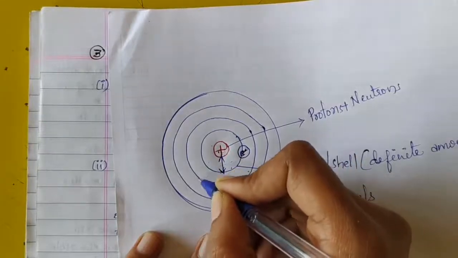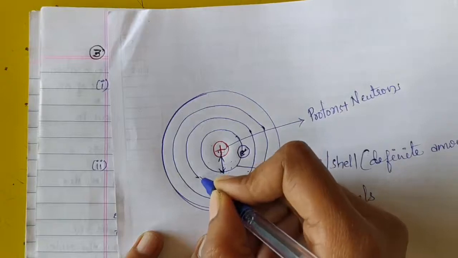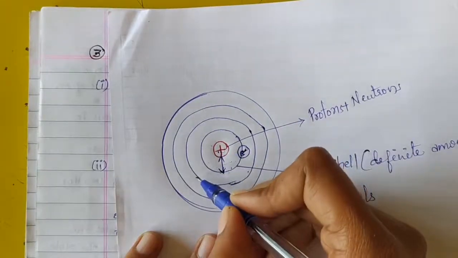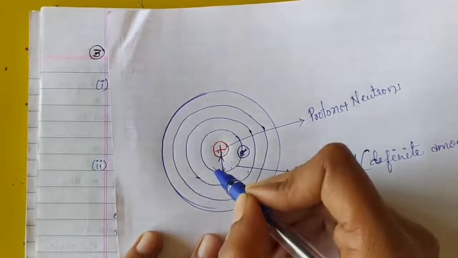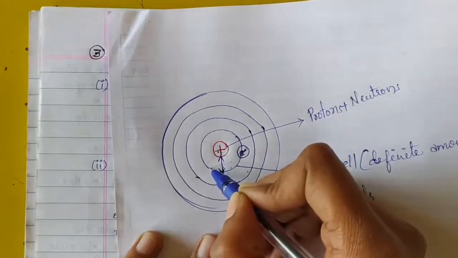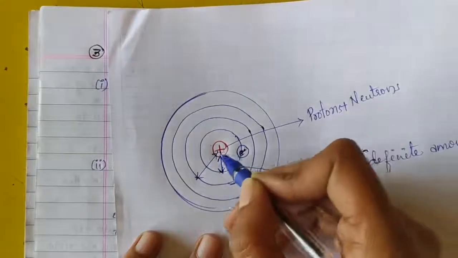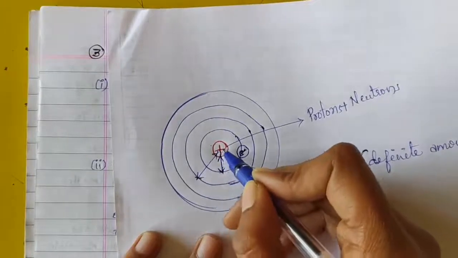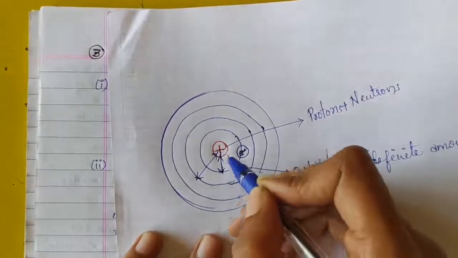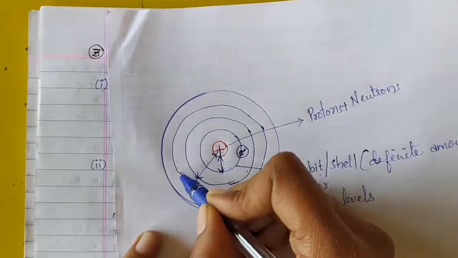Next we'll consider this second orbit. Here, this second orbit has some fixed amount of energy, and the energy of this second orbit is greater than the energy of the first orbit. See here, the distance between the nucleus and this second orbit is greater than the distance between the nucleus and the first orbit. Next we'll see the third orbit.